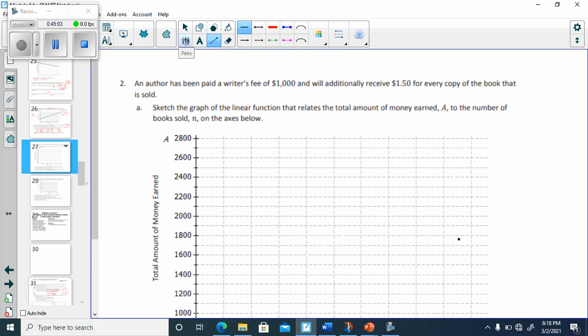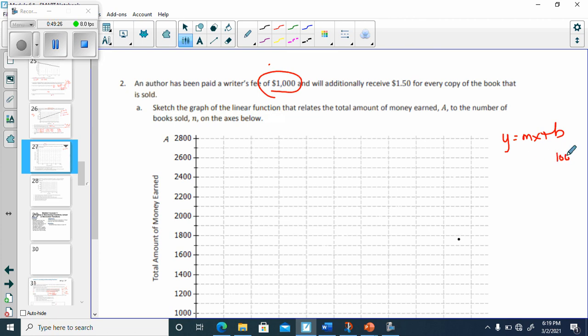And this one says, an author is paid a writer's fee of $1,000 and will additionally receive $1.50 for every copy of the book that is sold. Sketch the graph of the linear equation. So first let's write the linear equation. y is equal to mx plus b. What he gets to start with is $1,000, so that's our b.